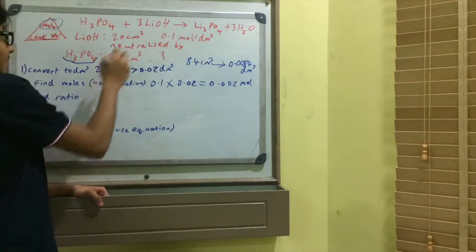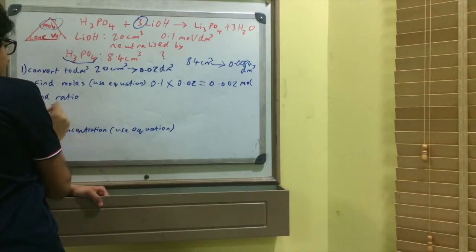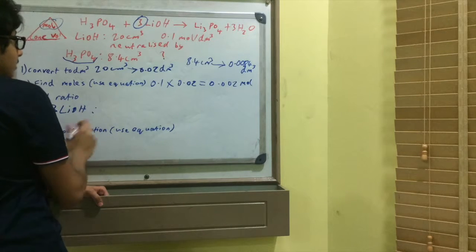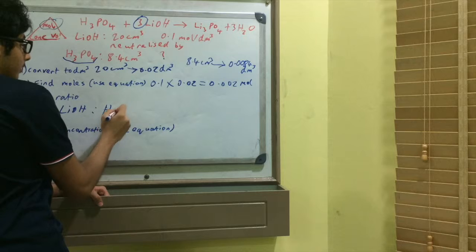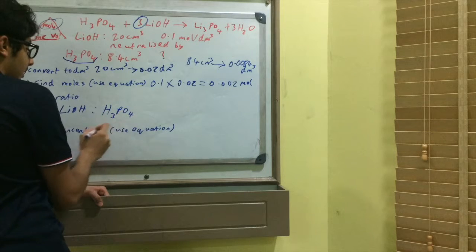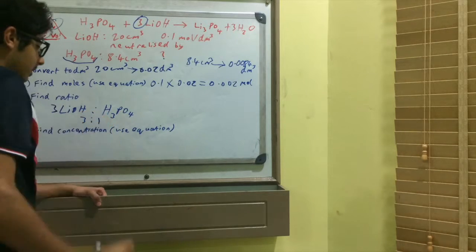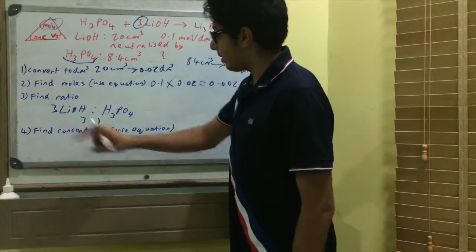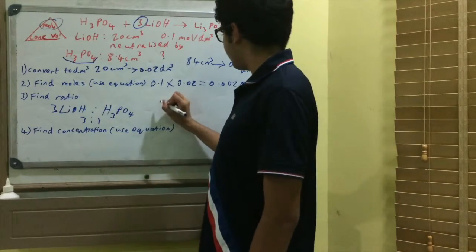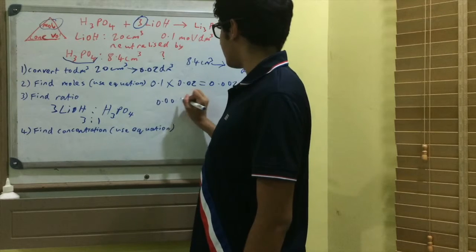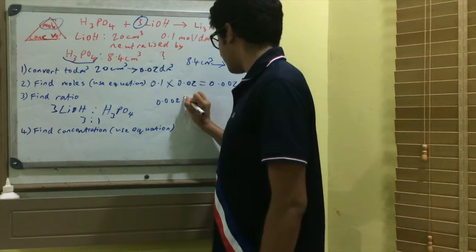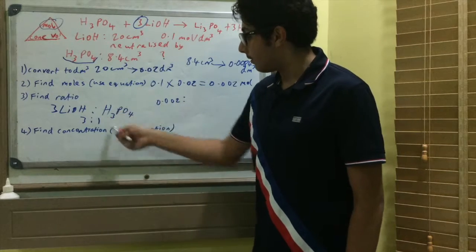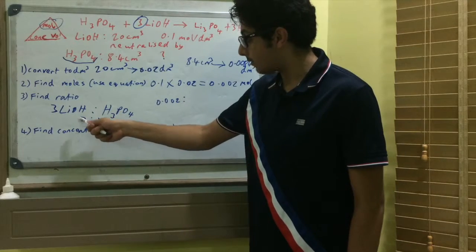Now you find the ratio between lithium hydroxide and phosphoric acid. Use the equation. You have 3, the big number, remember, 3 of the lithium hydroxide to 1 of the phosphoric acid. So the ratio is 3 to 1. And for the lithium hydroxide, we have 0.002 moles. And to make that fit the ratio for phosphoric acid, how do you get from 3 to 1?